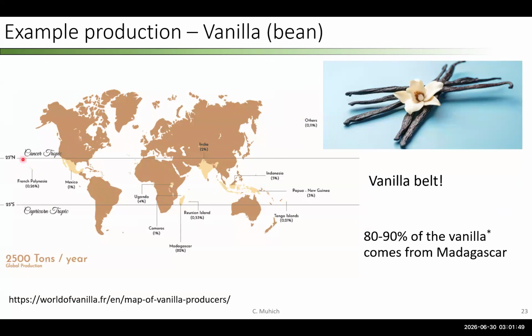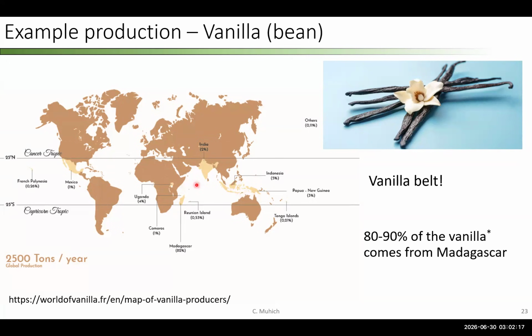So if we look at the entire world, we can see that there's roughly 2,500 tons of vanilla beans produced per year. And it's only produced within what's called the vanilla belt, this thin equatorial region of the globe. If you look on the map, you can see these countries highlighted in a lighter shade of tan.